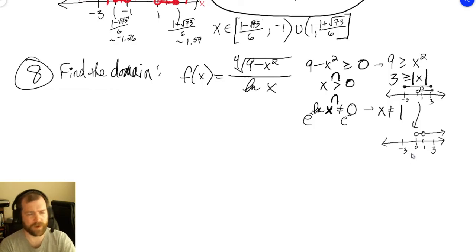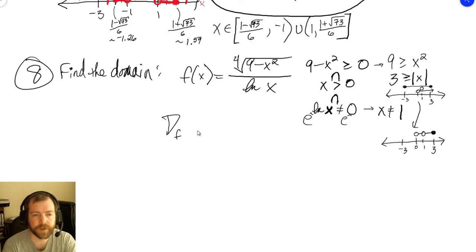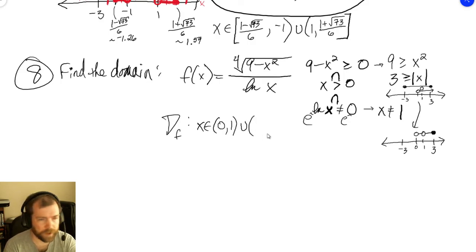Oh, no. Jeez. And then 1 up to only 3. There we go. So the domain of f is going to be such that x must be from 0 to 1, union with all open, 1 open up to 3 closed.